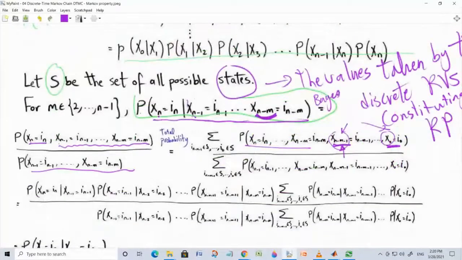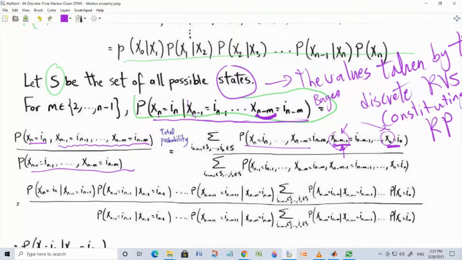So this is basic probability. You go here, you apply Bayes, and then you say, okay, the original definition of the Markov property has all the x's all the way to x of 0. But here you stop at x of n minus m.